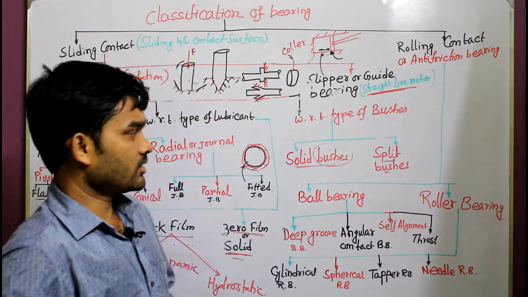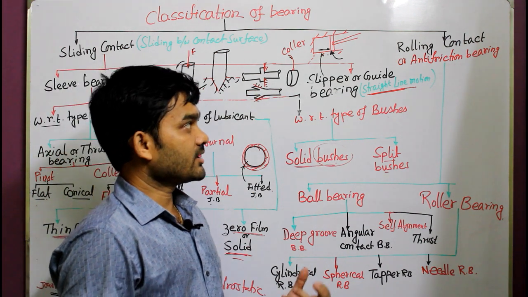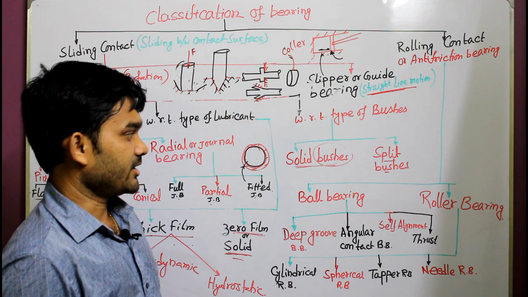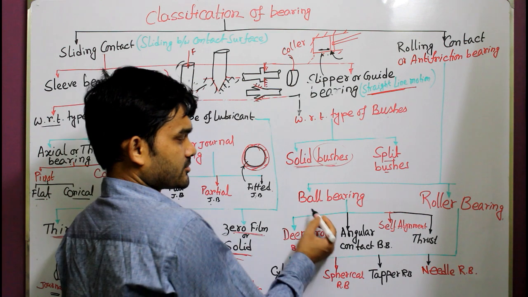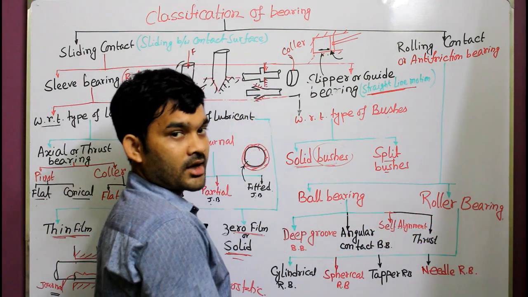Next we'll see the rolling contact or anti-friction bearing. As I already told you, because the starting friction is very low, this kind of bearing is also known as an anti-friction bearing. This is divided into two types: the ball bearing and the rolling or roller bearing.